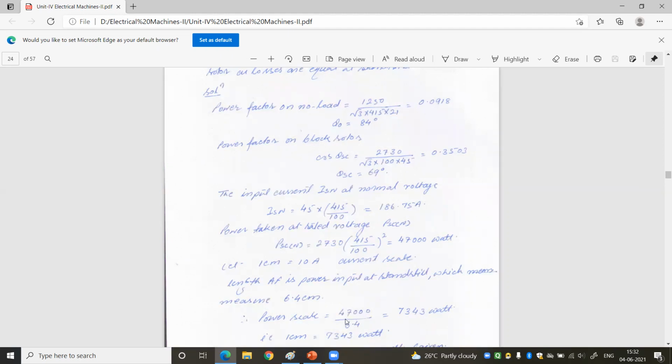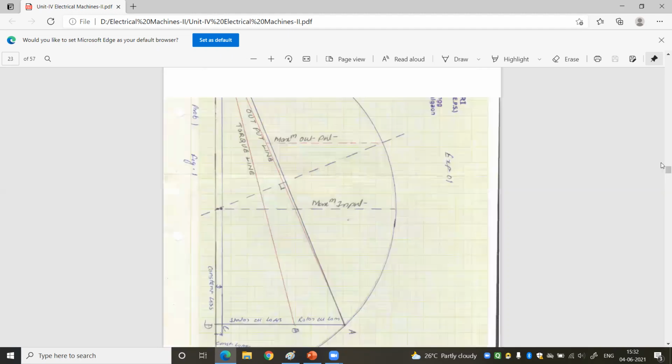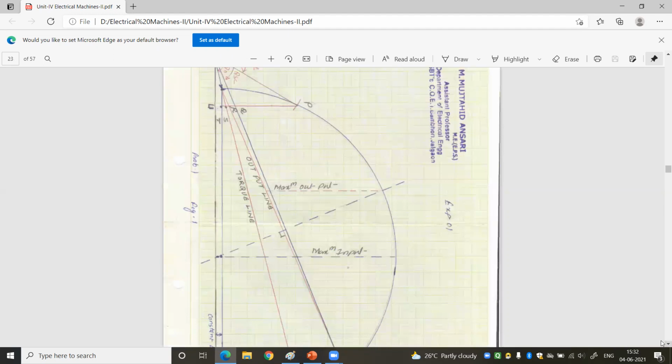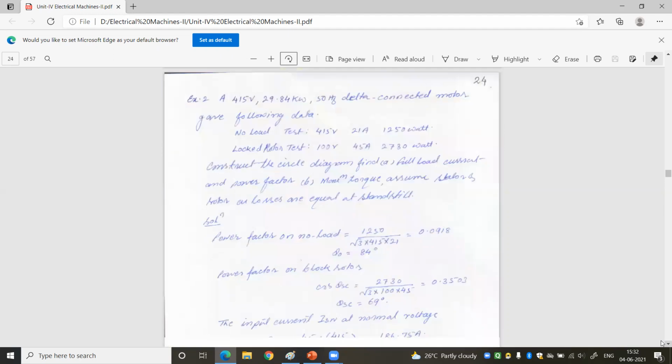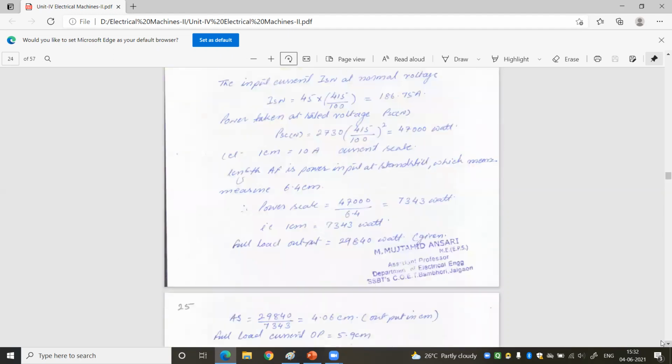So how much is the power output in the numerical itself? Yes, 29.84 kilowatt is the motor output. So the output of the motor, 29,840, is divided by the power scale. The power scale is 1 centimeter equal to 7,343 watt. This gives the location of point S.